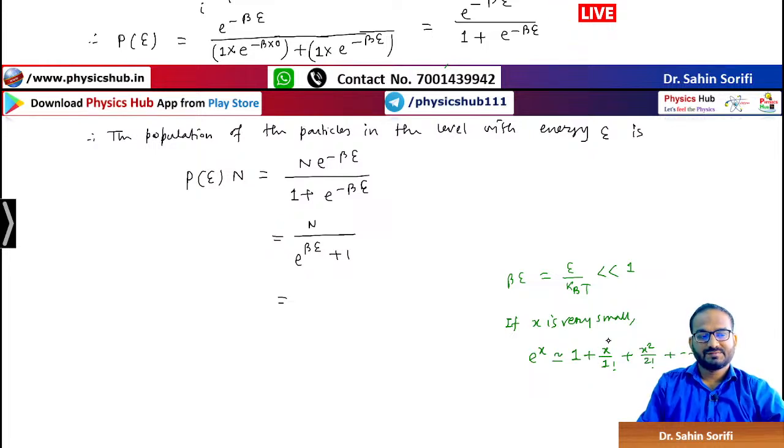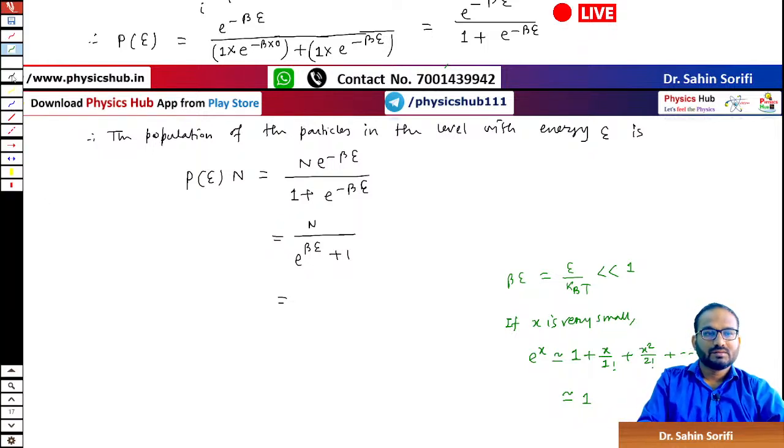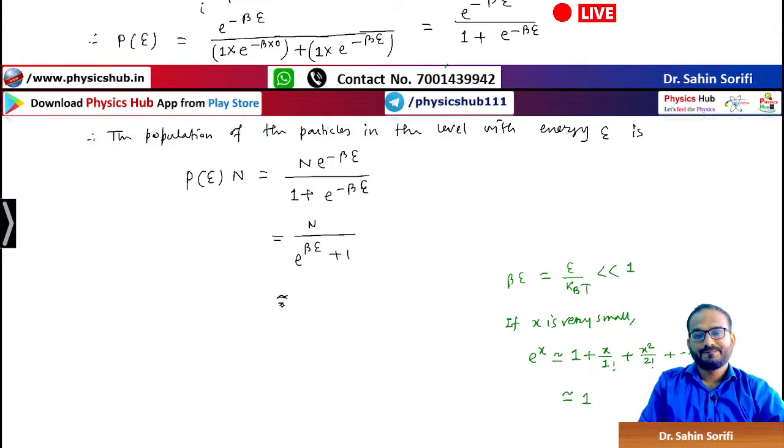If x is very small, we can write it approximately as 1, if higher terms are negligible. So, we can write e to the power minus beta epsilon to be approximately 1, giving n by 2.